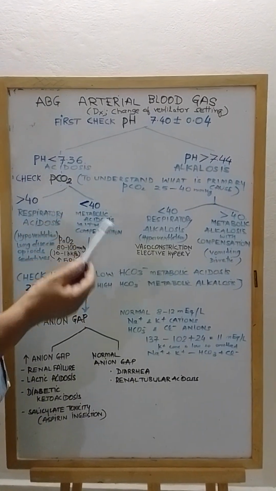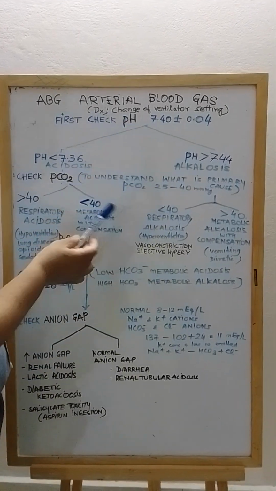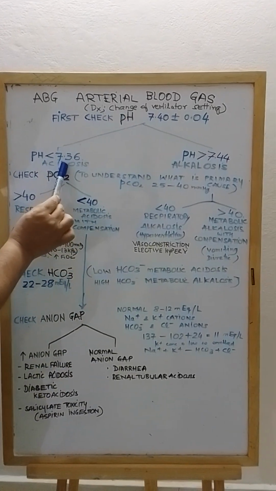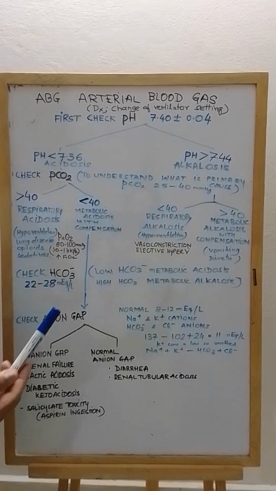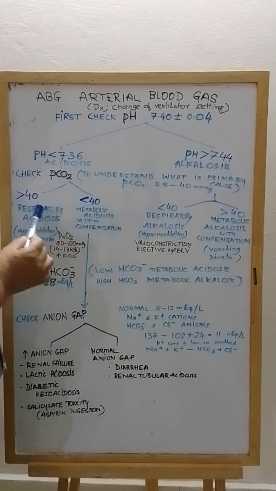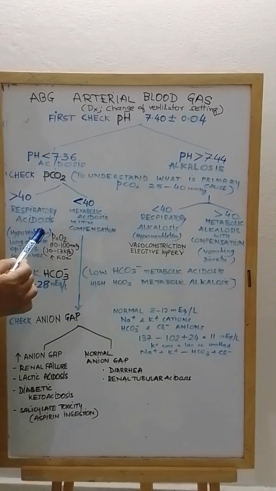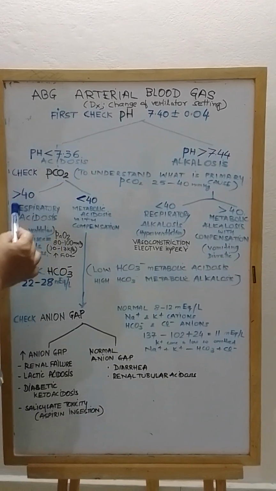So in the ABG report, first you see the pH, then if it is acidosis or alkalosis, the second thing to be seen is the PCO2. If PCO2 is more than 40, it means there is a respiratory acidosis.